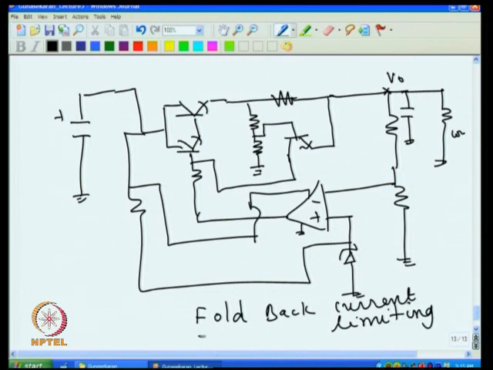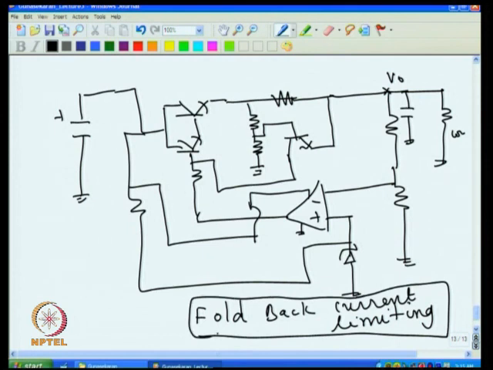The idea is that the normal current should be much higher and the short circuit current should be much lower. That will make the heat dissipation on this transistor the same under short circuit condition as under regular working condition. Definitely under short circuit condition this should not go higher than the regular thing, so that we can avoid designing a weaker heat sink. That is the idea of this.